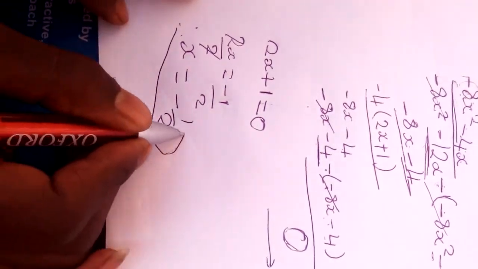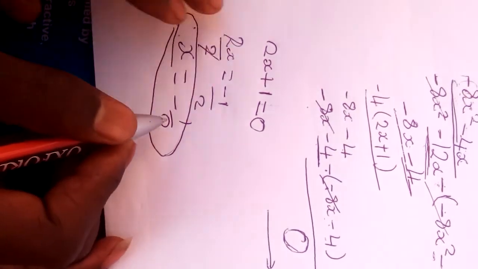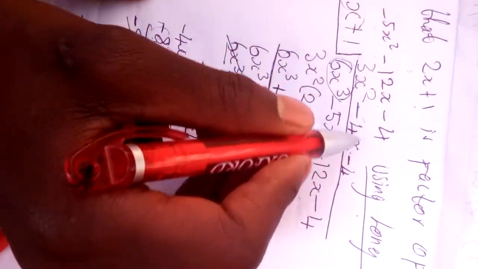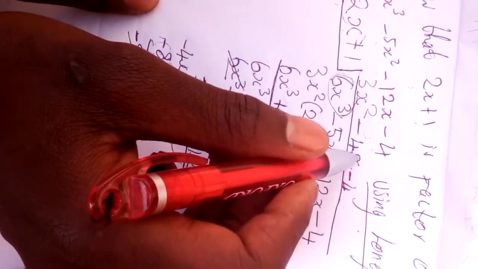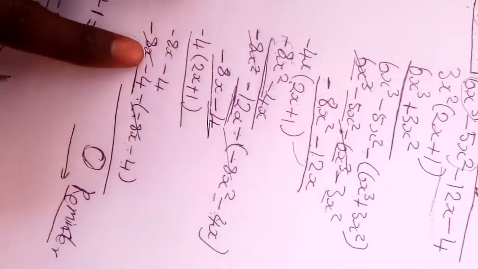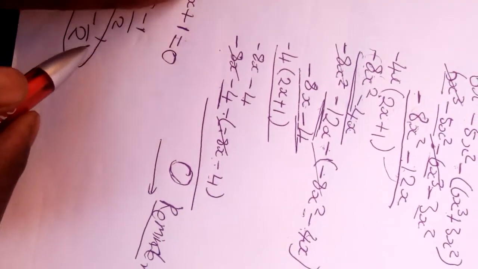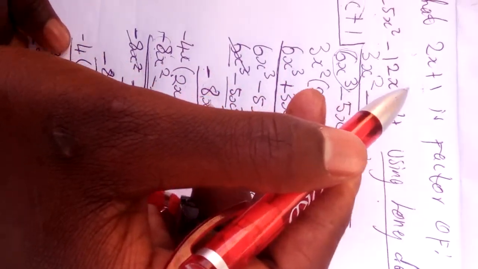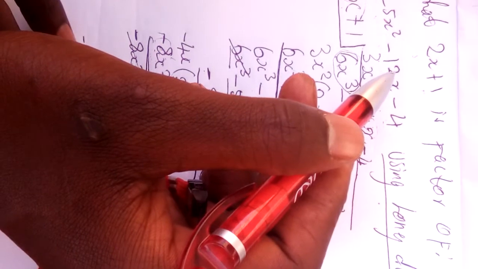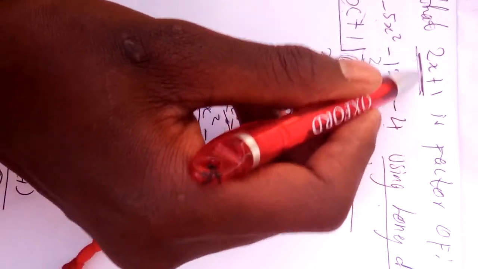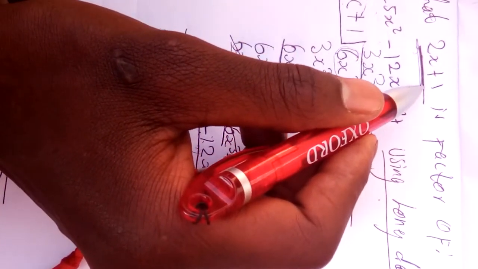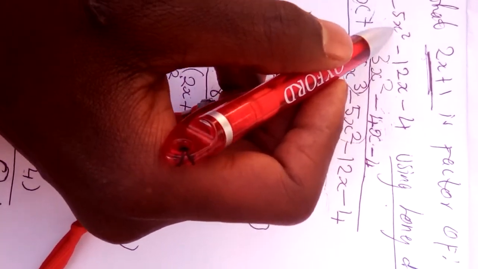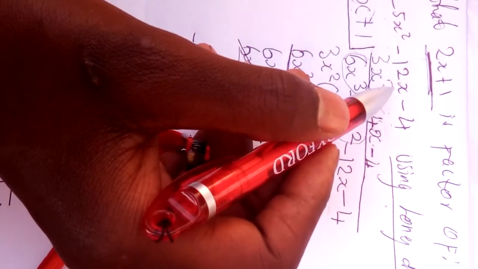Therefore, when we substitute x equals negative half into this equation, we have to get 0. That makes us sure that 2x plus 1 is indeed a factor of 6x cubed minus 5x squared minus 12x minus 4.